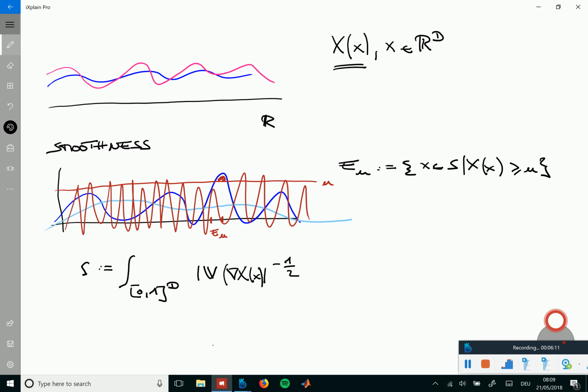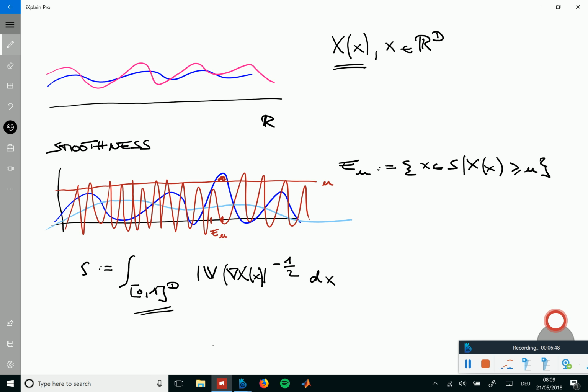So the stronger, or the larger the gradients, the larger the roughness, and then if we take it to the power of minus 1/2, then we get a smoothness measure, and that integrated over the unit square.